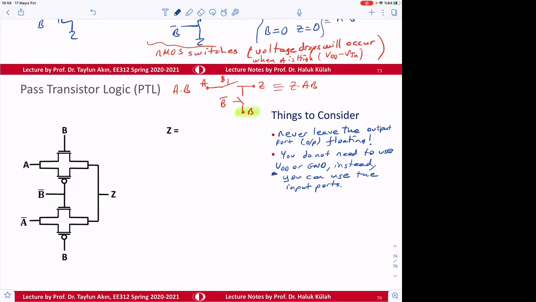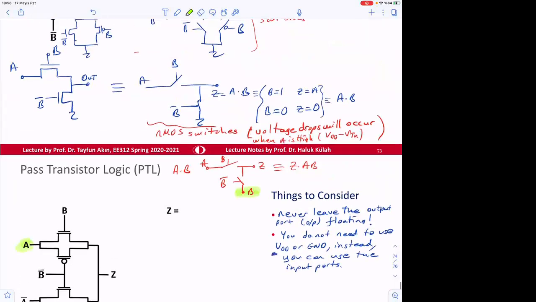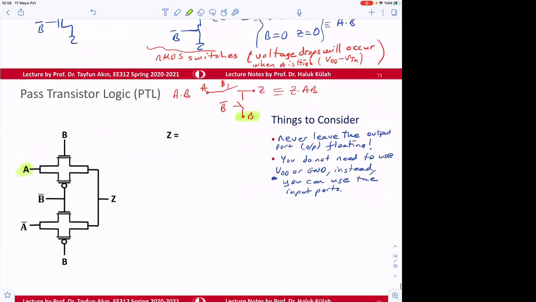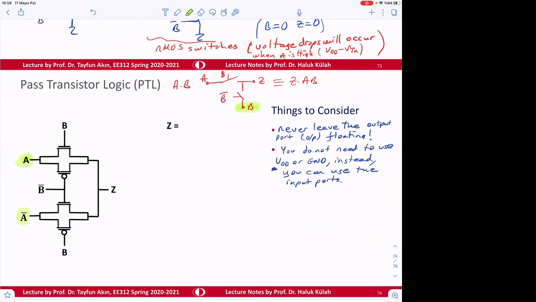Okay, instead of just using A here, like that was the case here, right? Where we were just using A. So you can use A bar. So this is probably a better way of implementing this logic now. And how can we do this?